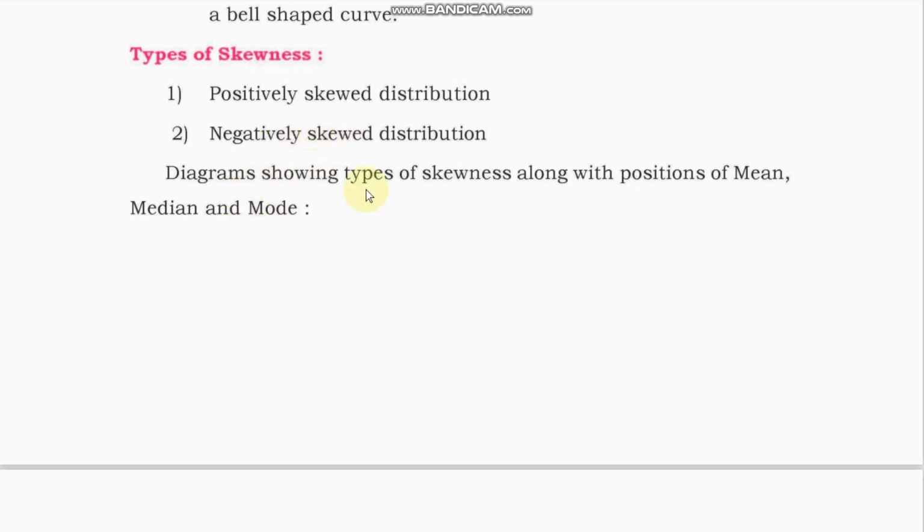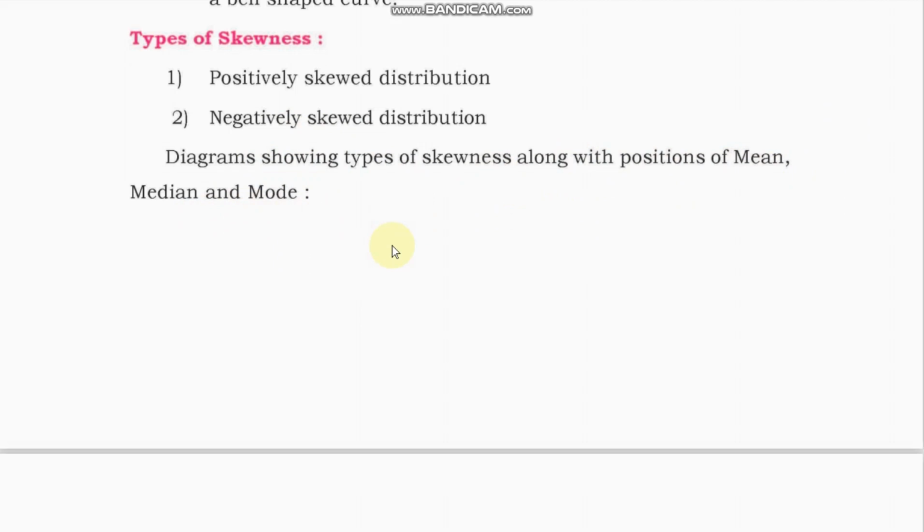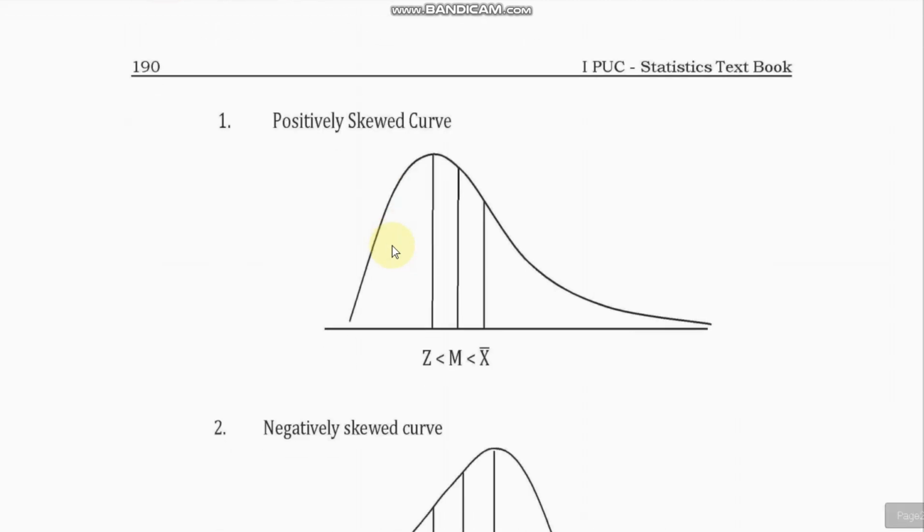The diagrams show types of skewness along with positions of mean, median, and mode. Let us look at the diagrams here. The first diagram is of a positively skewed curve. Here the mode value will be the smallest, median will be greater than mode, and mean will be the highest among all the three.